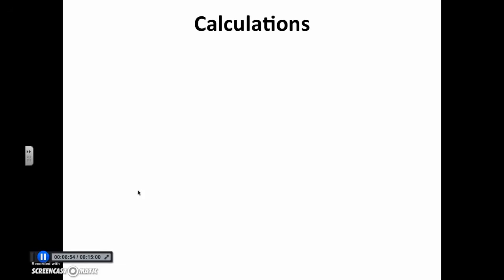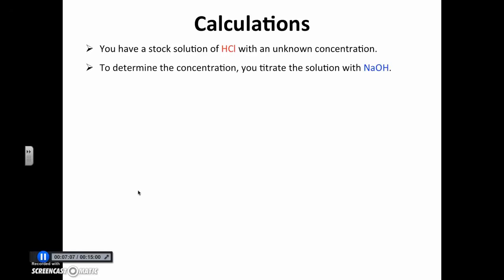All right, now I want to take you through some basic calculations so that you know how to do these problems on paper. Let's say that you have a stock solution of hydrochloric acid with an unknown concentration, and you want to determine the concentration. In order to do this, you titrate the solution with sodium hydroxide.